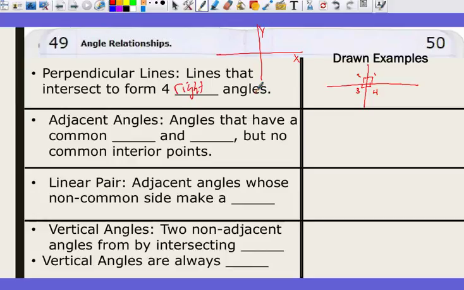They're sharing this side, and they're also sharing what? The vertex, okay? Adjacent angles are 2 angles right next to each other where they share a side. So it's this angle and it's this angle. So they share a vertex and they share a side. They look something like this.